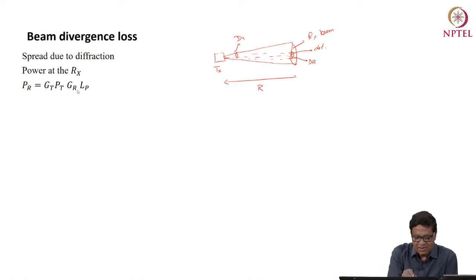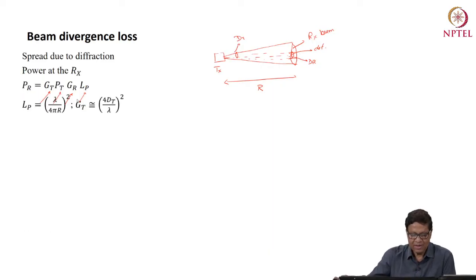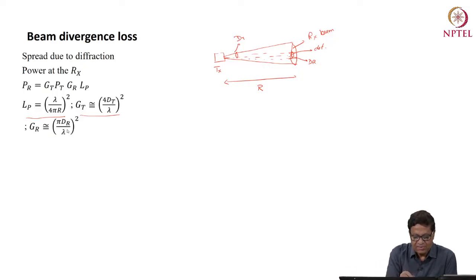So let me use a simpler formula where I have the transmitter gain, I have the transmit power, the receiver gain and the free space loss. So this is the received power. And we know the free space loss is given by lambda by 4 pi r whole square. The GT, as we had discussed, is given by 4 dt divided by lambda whole square. And GR is given by pi dr by lambda whole square.